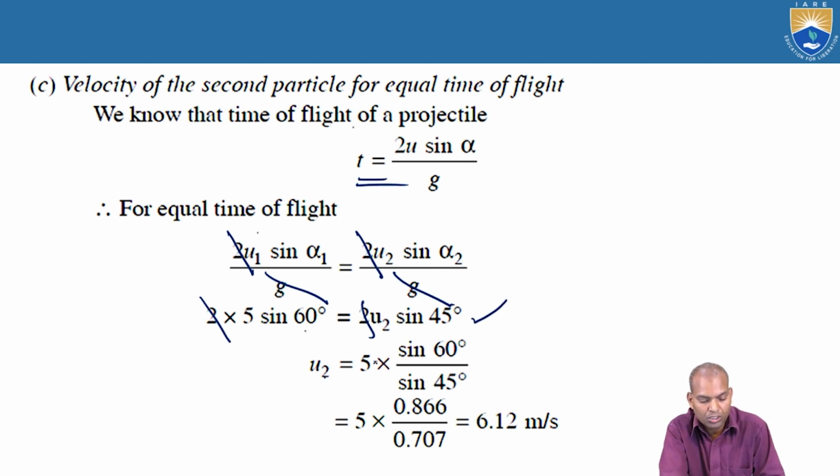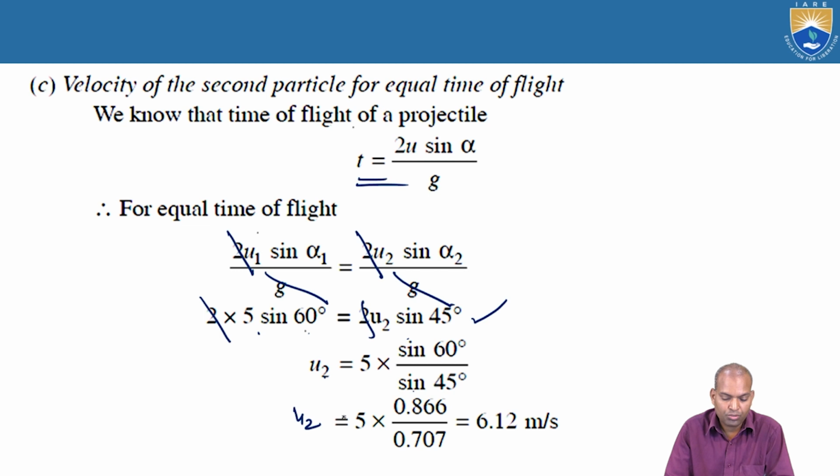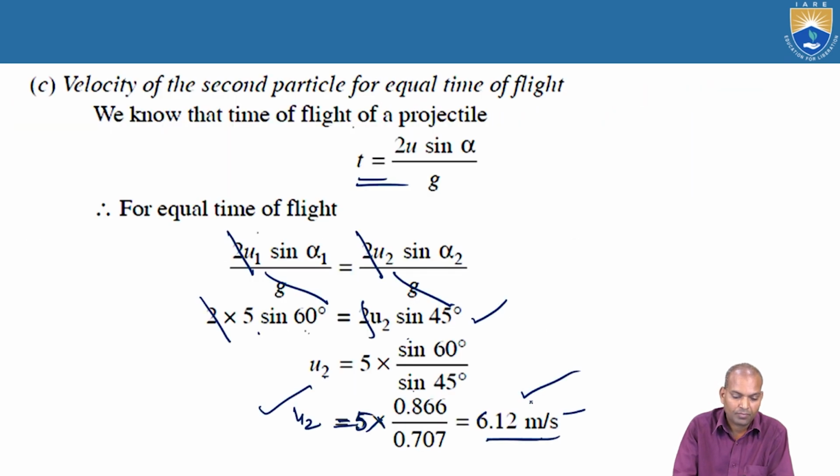From that, u2 equal to 5 times sine 60 degrees by sine 45. Sine 60 is 0.866, sine 45 is 0.707. Substitute and calculate. The obtained u2 is 6.12 meter per second.